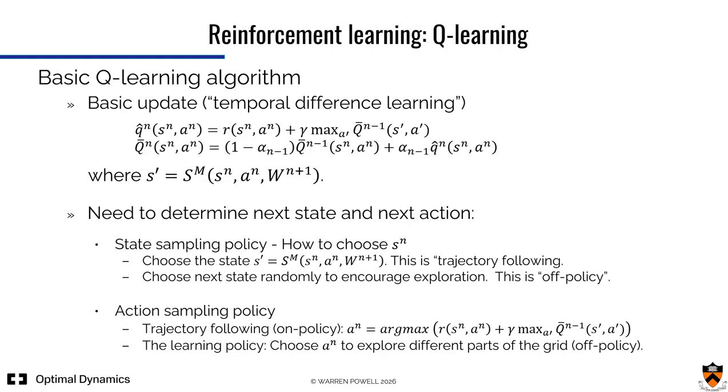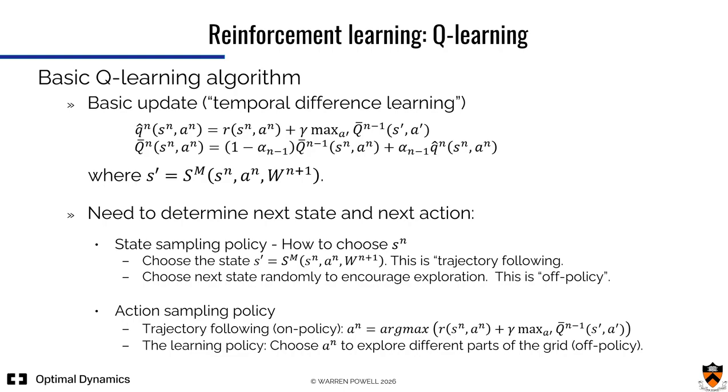That's a model, okay? You simulate your way to S', then use your Q factors to say, given that I'm in S', what's the best a' that I would choose? That will give you a quantity Q hat, and now you take that Q hat and smooth it into the Q bars to get an updated Q bar. So you have to have a state sampling policy, which is how do you choose what state.